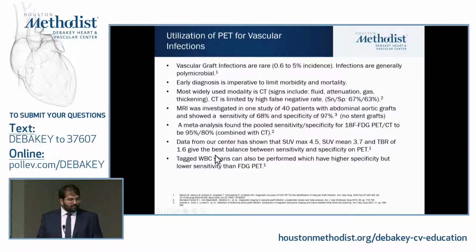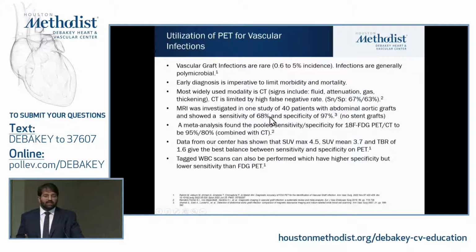Busy slide, but I'm just going to touch on a couple of things. It was compared to CT and MRI. CT, as you can see, had a much lower sensitivity, around 67%. MRI was very good, with very high specificity. The sensitivity was a little lower, around 70.